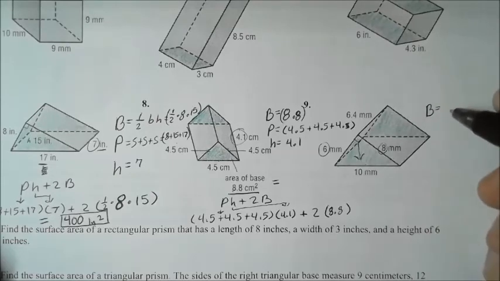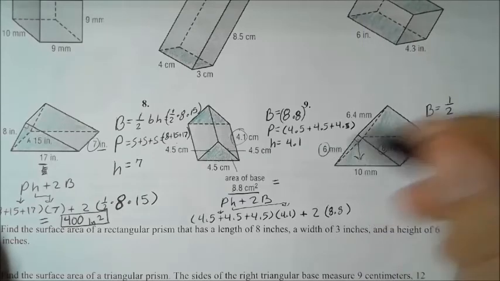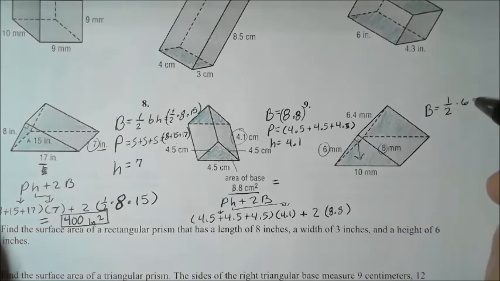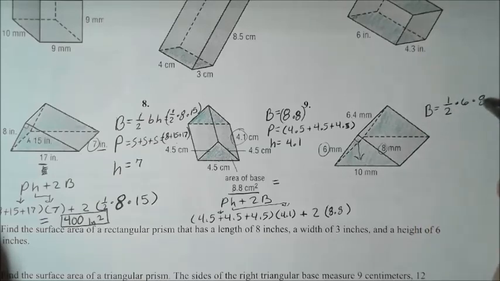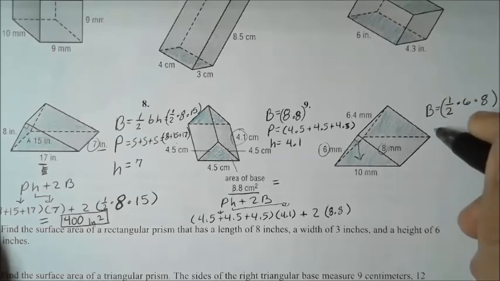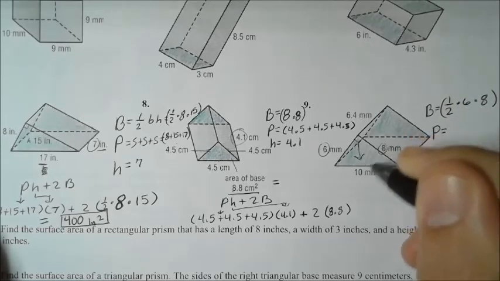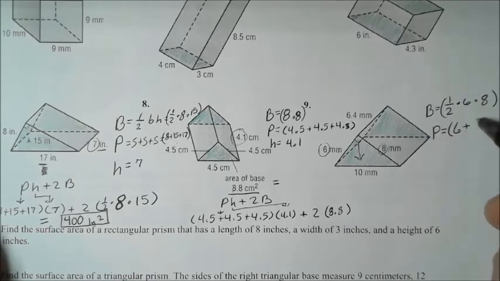So B is equal to 1/2 the base times the height. I'm going to call my base 6, so times 6, and then times my height, which is 8. And I'm just going to put that in parentheses. That's the area of my base. My perimeter is side plus side plus side, so it's going to be 6 plus 8 plus 10.